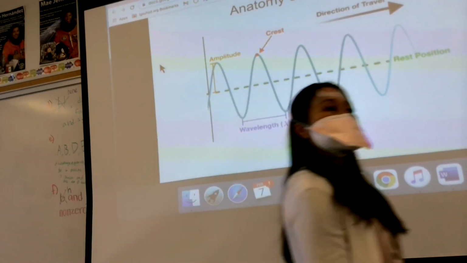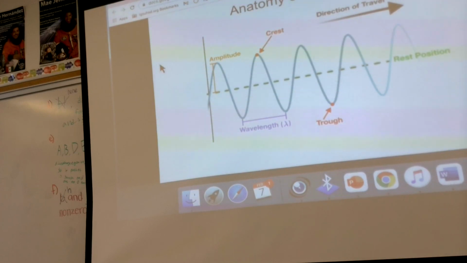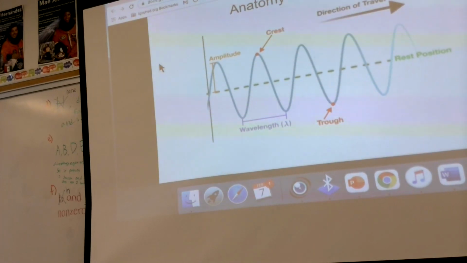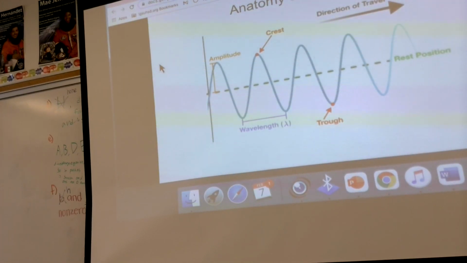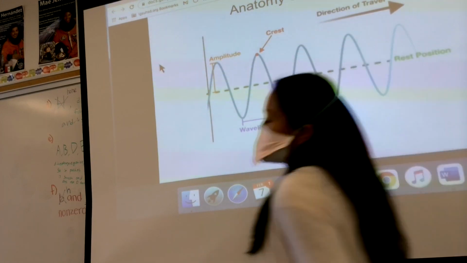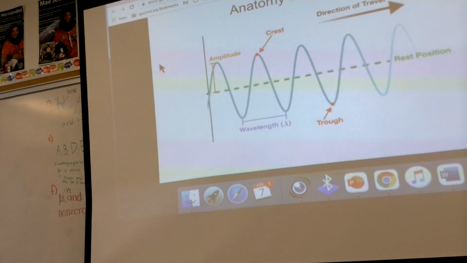Question? With the longitudinal waves, how do you know exactly where to measure it with the compressions and the rarefactions? It's really just as close as you can in eyeballing it. You're going to have homework tonight where you're going to measure a wavelength for a longitudinal wave, and they kind of line it up so it's easy to see where the middle of each compression is.